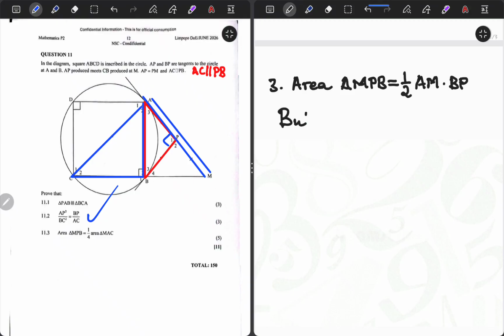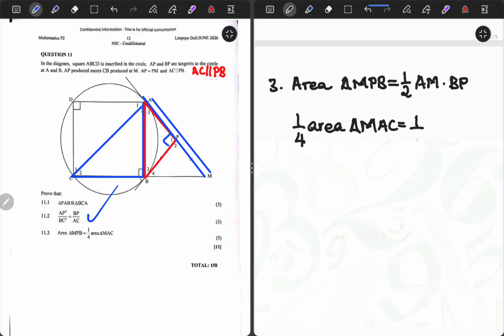But BP is half of what? Not yet. Let's write 1/4 area of triangle MAC will be what?